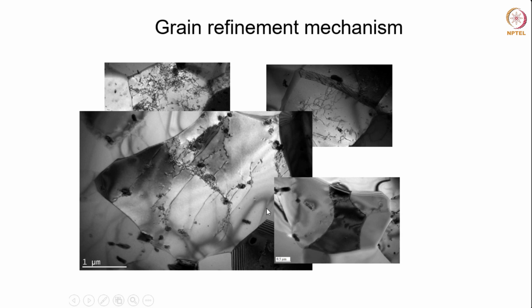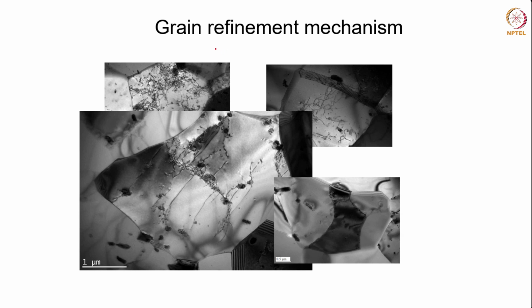Okay, and as I said before, this will depend on the material property, particularly the stacking fault energy. So if you have a material like aluminium, the stacking fault energy is quite high. So if you look at the stacking fault energy of aluminium, it is in the range of 200 millijoules per meter square.